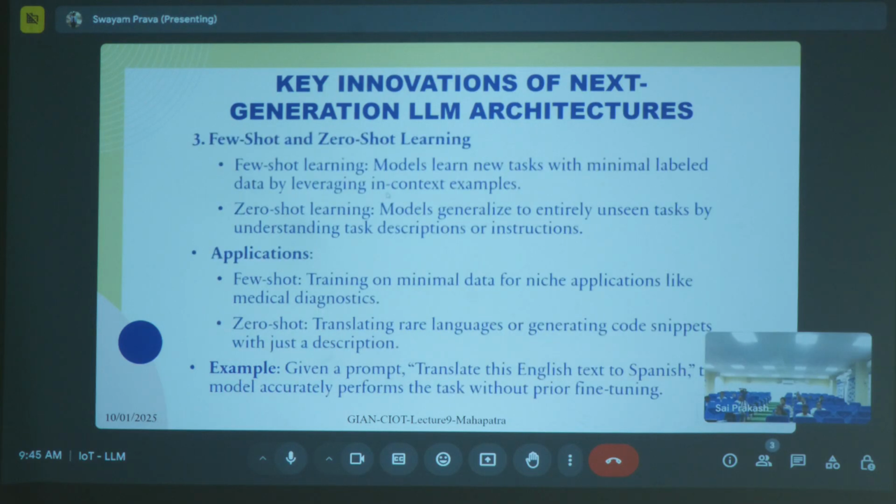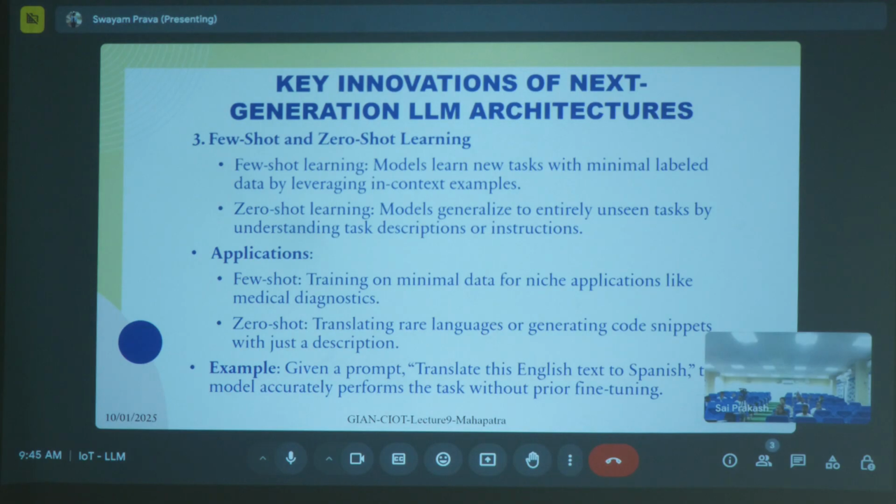Then we have the few-shot and zero-shot learning. We will talk about this after a couple of slides, but for starting off, in few-shot learning, models learn new tasks with minimal labeled data by leveraging in-context examples.